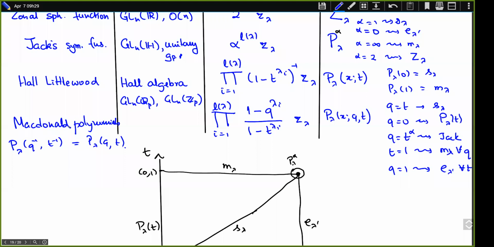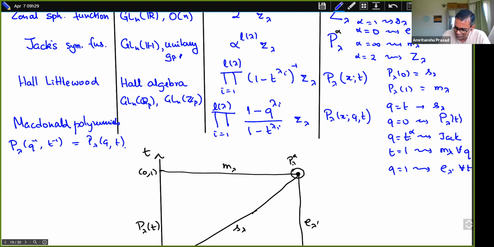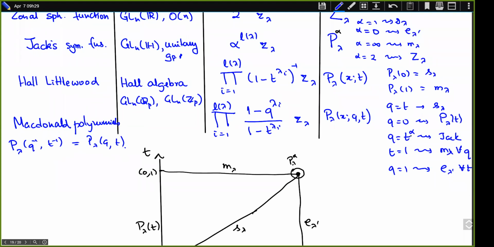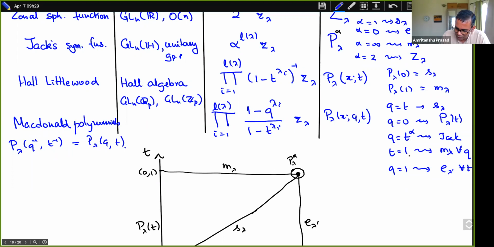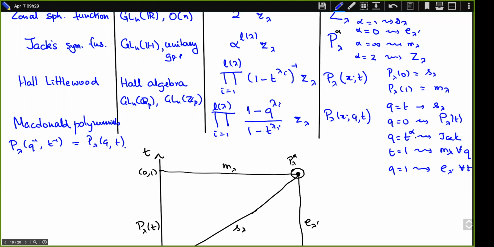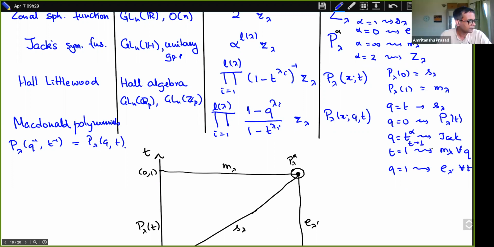In the specialization of Macdonald to Jack, you said it in the figure, but you let q equal t to the power alpha, and then you let t go to 1. That's what you've drawn in the figure. Is that exactly what Macdonald has?